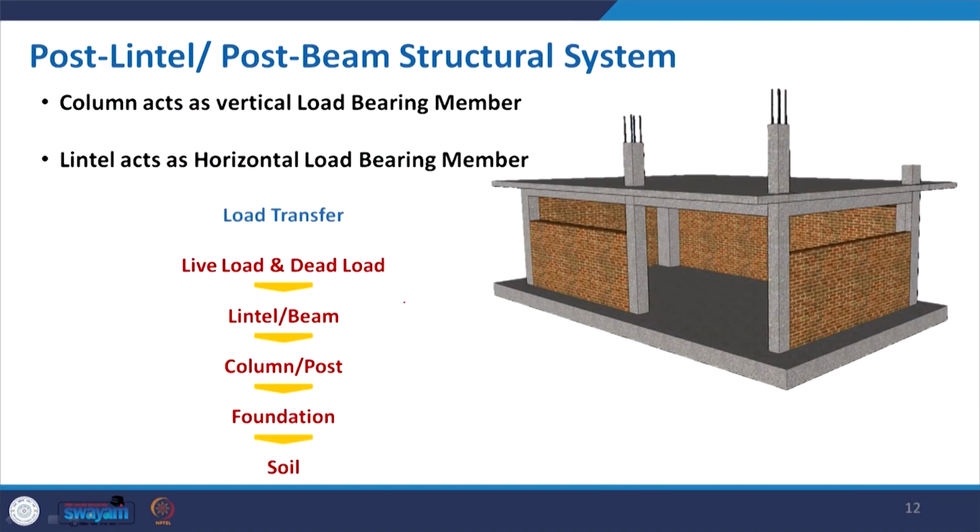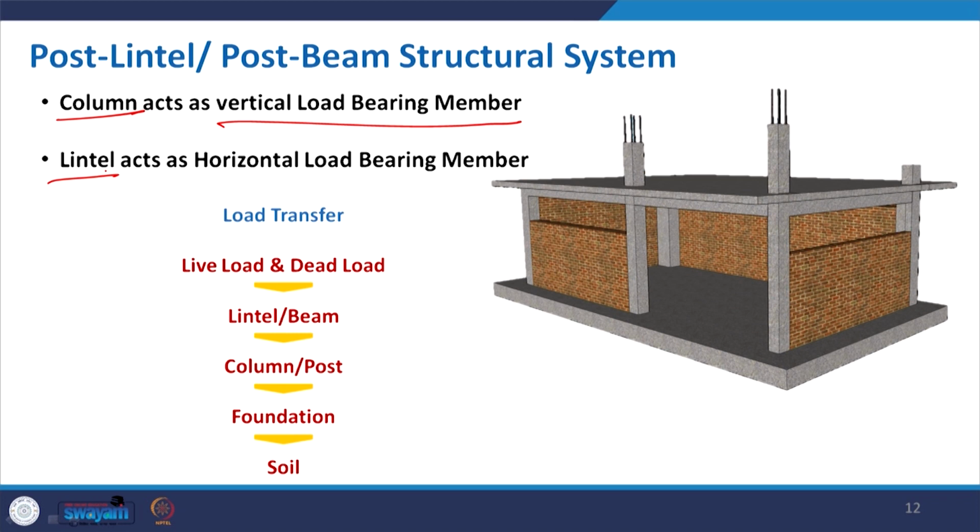Now, come to the next type of arrangement, where we already discussed the Parthenon, which is a post and lintel, or post and beam, kind of structural arrangement. There are two components: one is the post or the column, which acts as a vertical load bearing member, and the other, the lintel or beam, acts as a horizontal load bearing member.